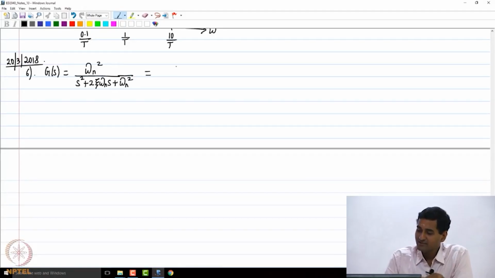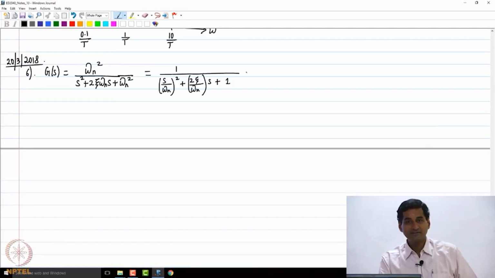So, this can be rewritten as 1 divided by, I just divide by omega n squared in both numerator and denominator. So essentially I will get s by omega n whole square plus 2 zeta by omega n s plus 1, right?